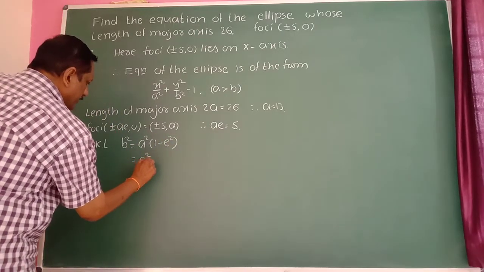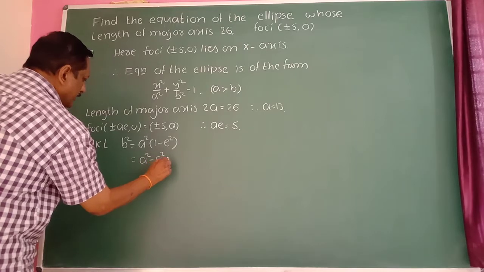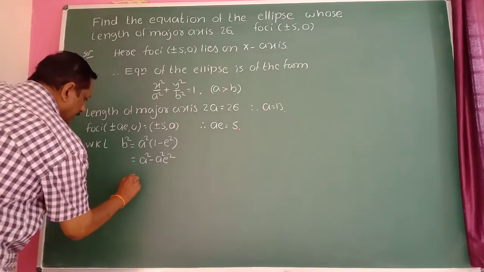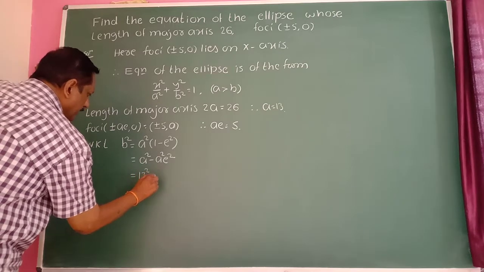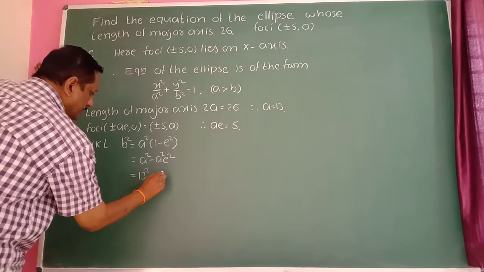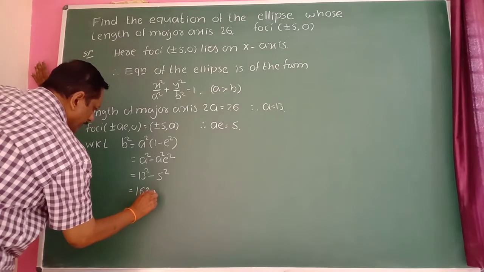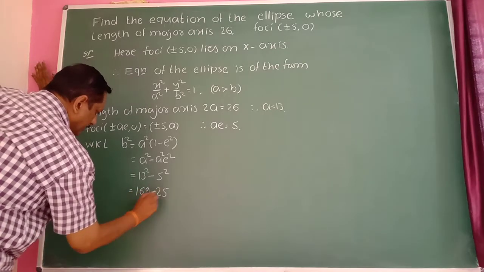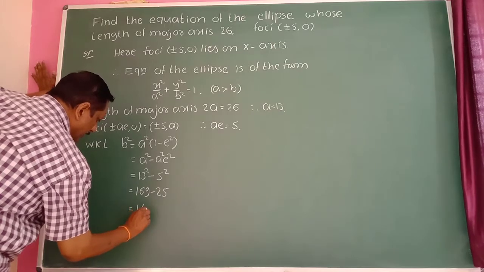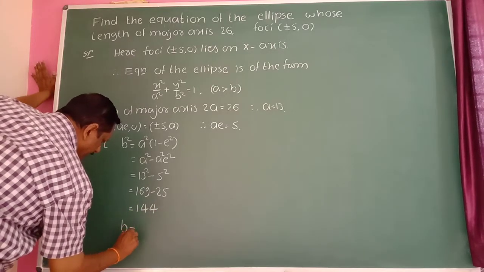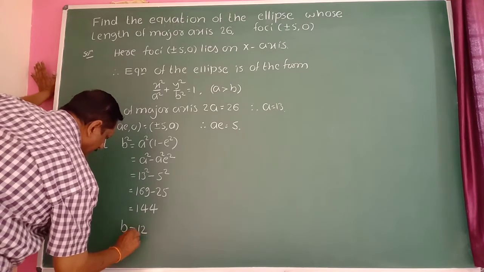So a square minus a square e square. a value 13, so 13 square, a into e is 5, it is 5 square here. 169 minus 25 is equal to 144 here. Therefore, the value of b is equal to 12.